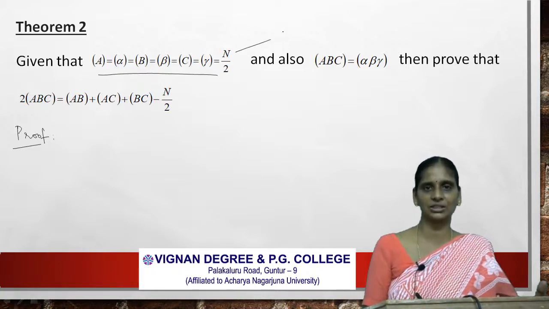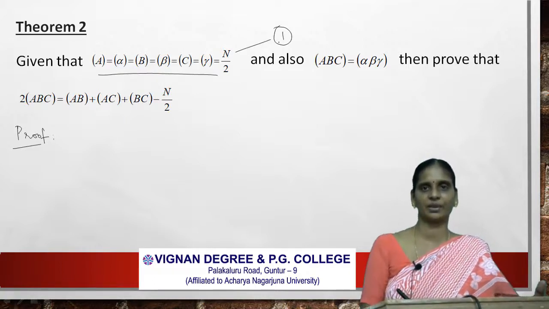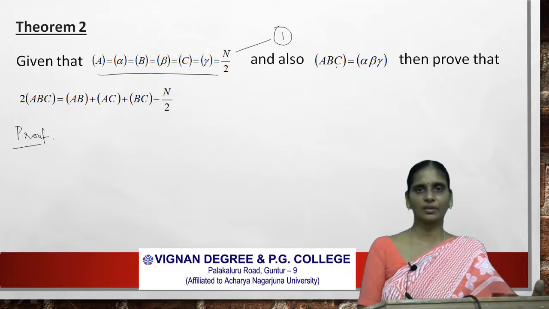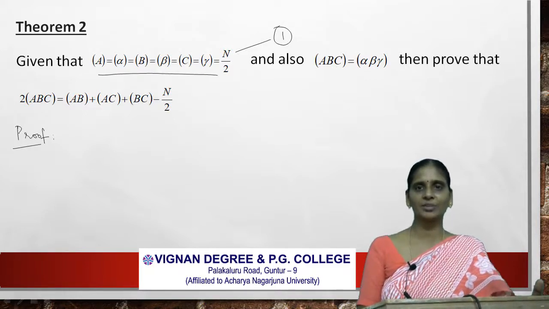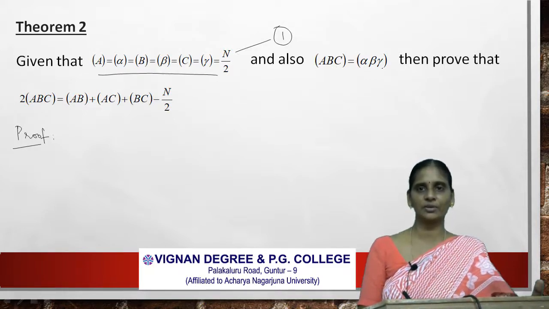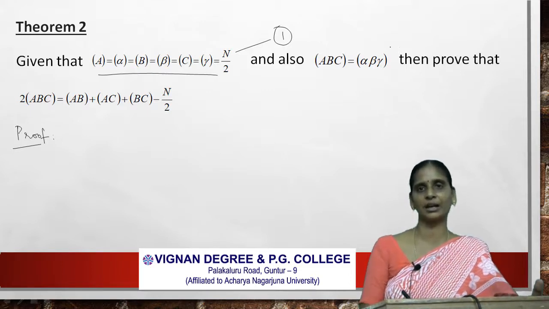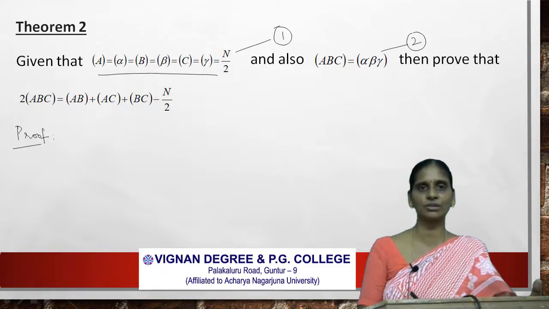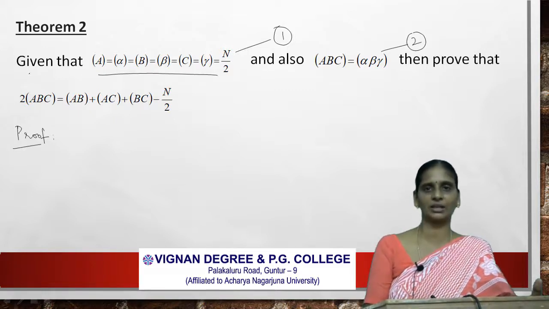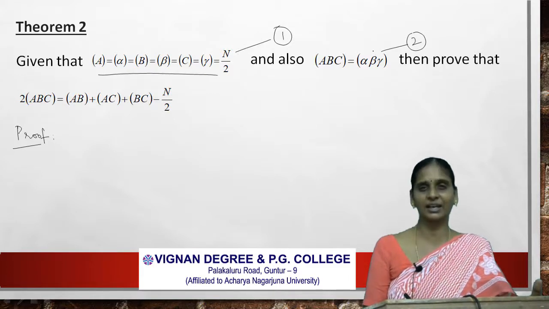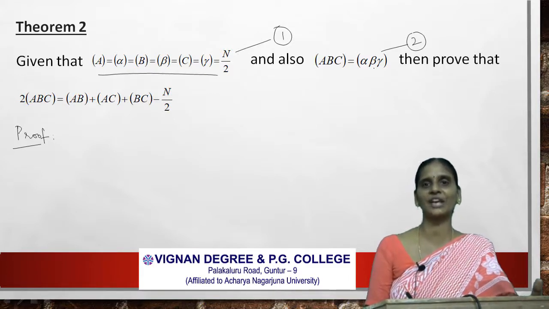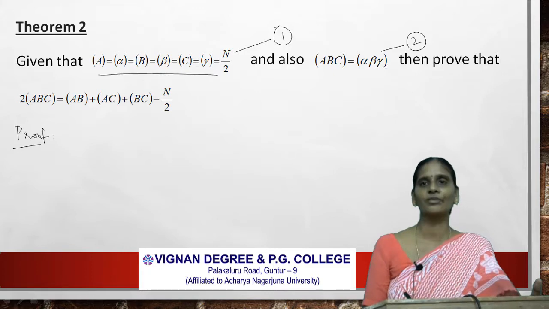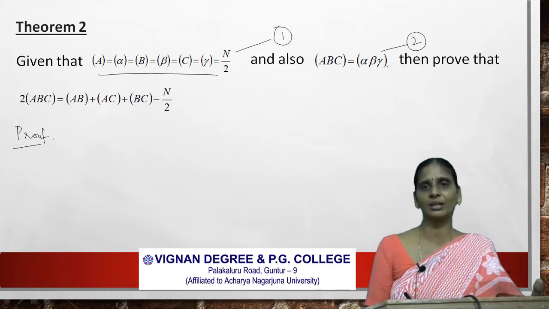And frequency of ABC is equal to frequency of alpha beta gamma. So this is the second condition. These two are the given conditions. Here I am taking the second condition, that is frequency of ABC is equal to frequency of alpha beta gamma.